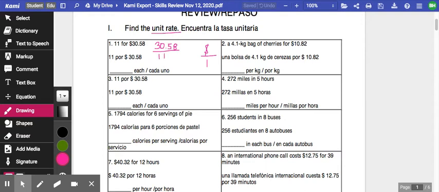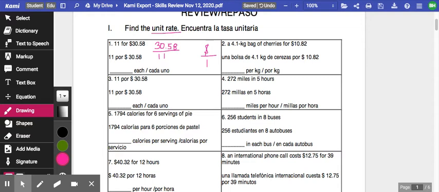Remember with unit rate, all we have to do is just divide that. Because if we did the cross multiplying, it would be 1 times 30.58 divided by 11. So why don't we just do 30.58 divided by 11?